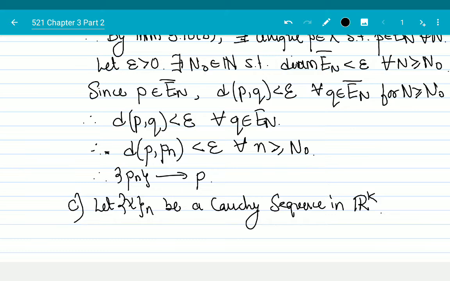Then if we show that there is some compact set which covers xn, we are done, right? By part B. So define En as before.